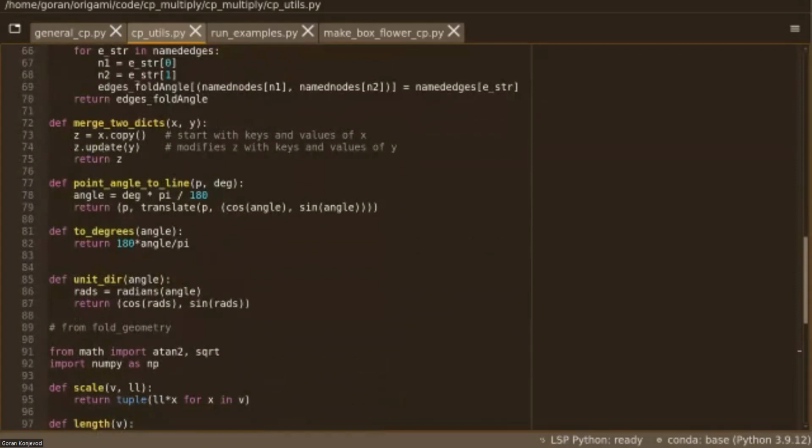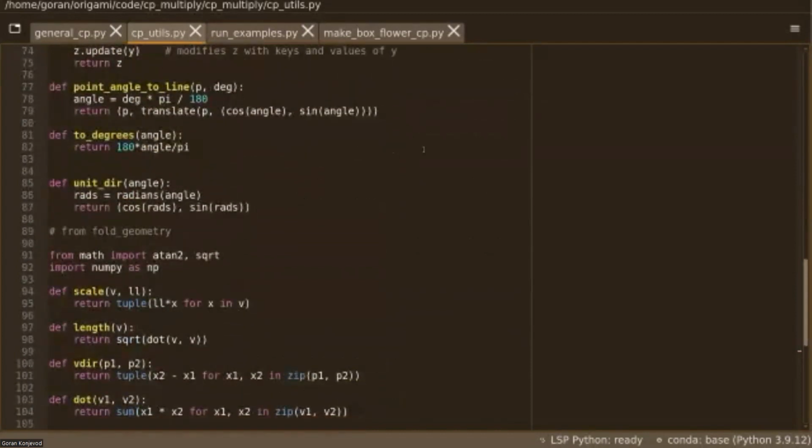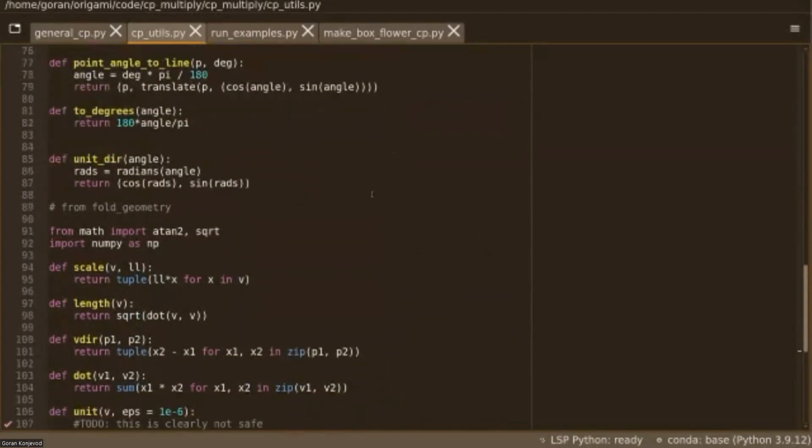Then I needed some helper functions to merge patterns. Like if you have two patterns and you want to join them, this basically does that. It merges the dictionaries, which is the data structure representation there, moving things by a unit distance in a particular direction.